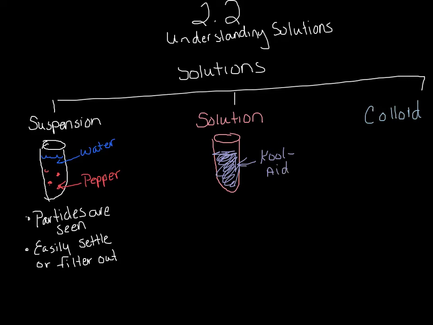And what we learned about a solution is the particles are well mixed, so the color at the top is equal to the color at the bottom. And the particles are too small to see, and they are hard to separate.